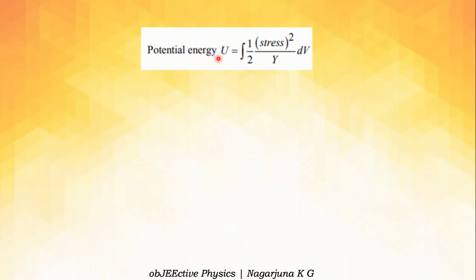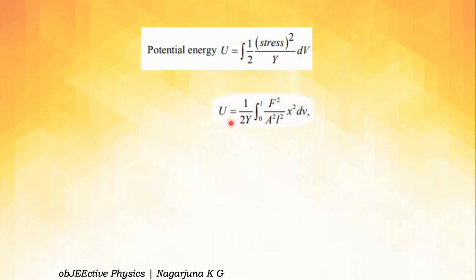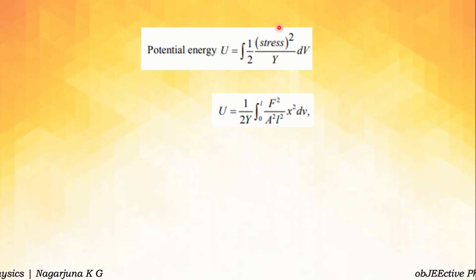Therefore, potential energy U is equal to the integral of half into stress squared by Y into dV. That implies U is equal to, since Y is constant, 1 by 2Y we can write outside, the integral from 0 to total length L of stress squared.